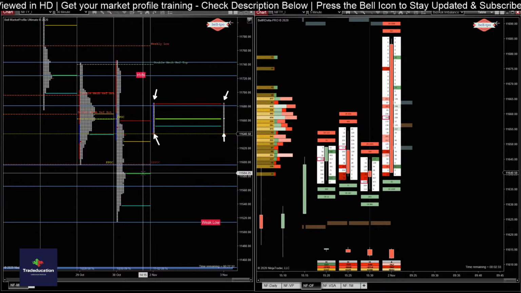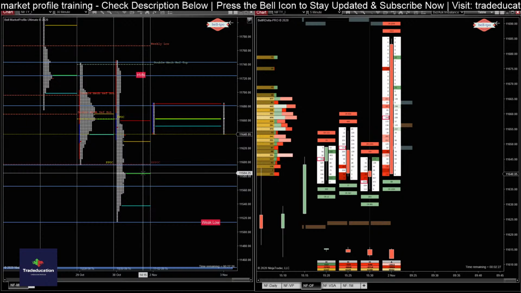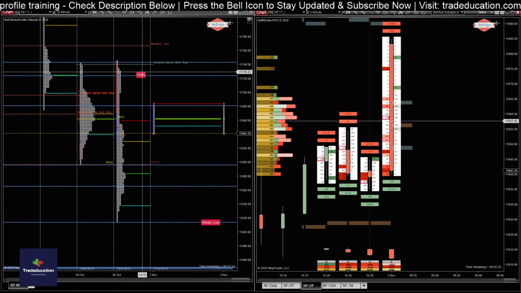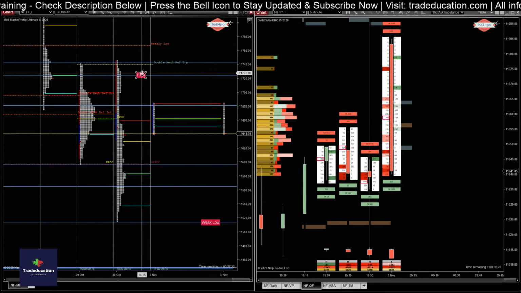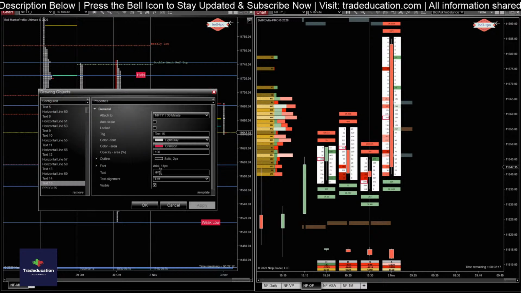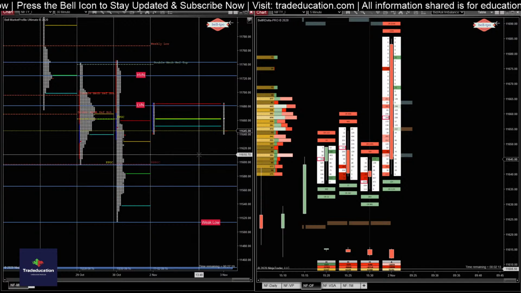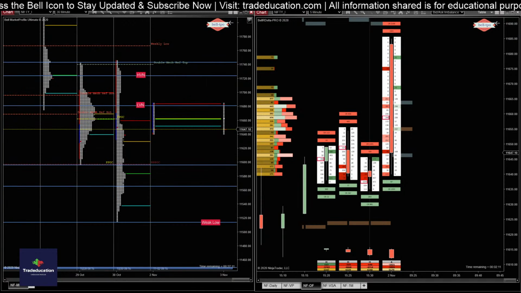So the low is tagged now. So let me delete those arrows. The low is tagged. This is an LVN, low volume area node.